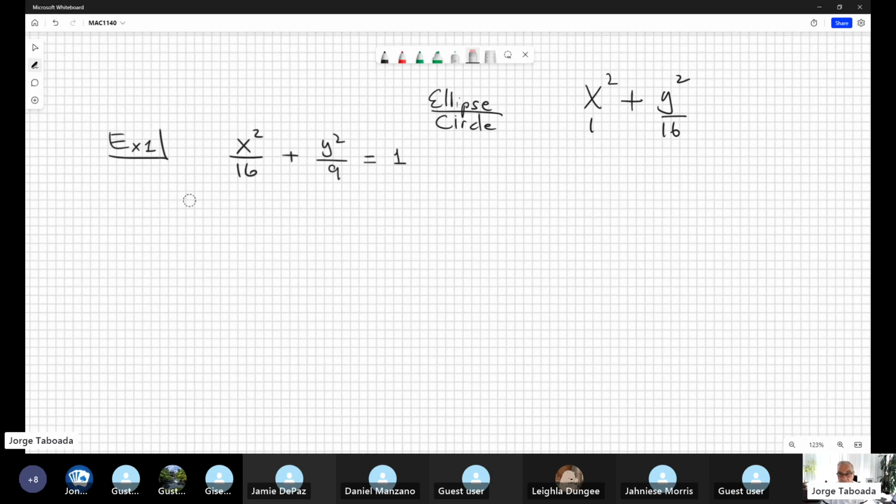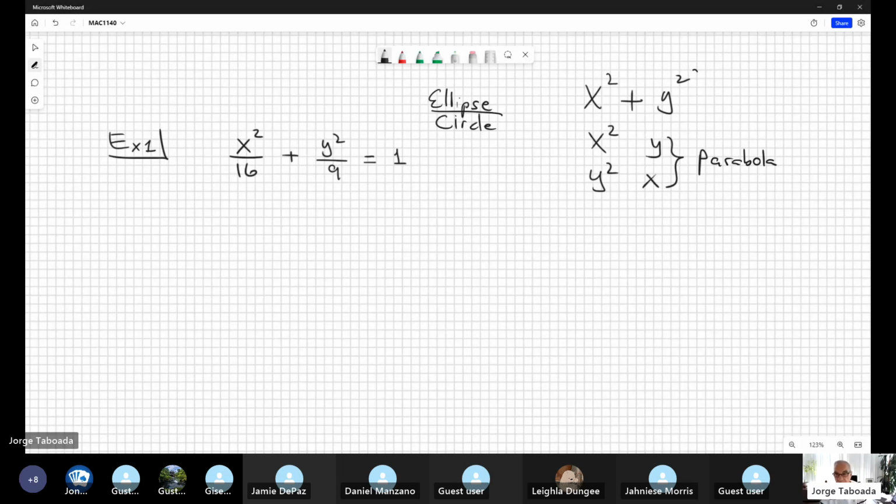However, when you see a conic section whose equation has x squared and y not squared, or y squared and x not squared, it's obviously a parabola.